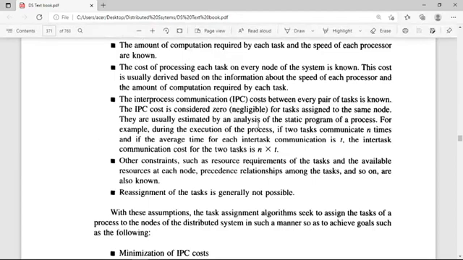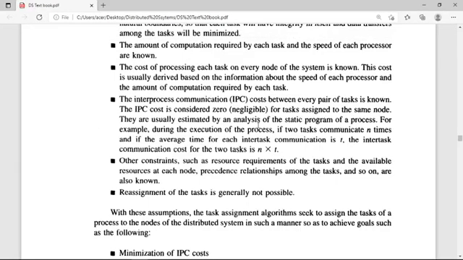We also estimate the communication between two tasks, like n into T. We will see this in a few minutes.